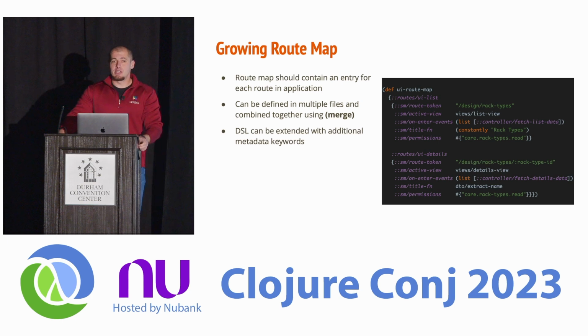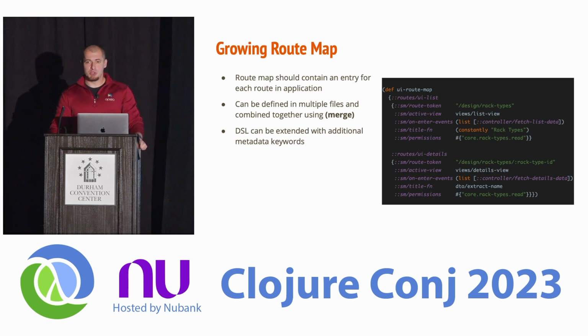But it also means that you can create an application which will be split into multiple files. And eventually, since we're using just a map for the routes, you can load all of these files in one place and just merge these maps using Clojure merge. And all of a sudden, you have the definition for all of the routes that you have in your system. This is how I calculated 392 routes. I just made a count of keys in this particular map in our application.